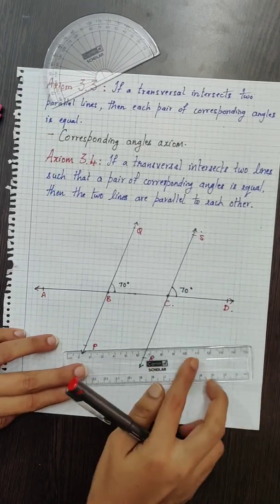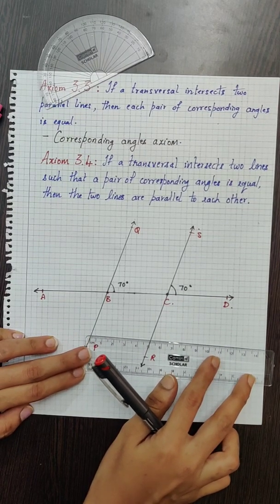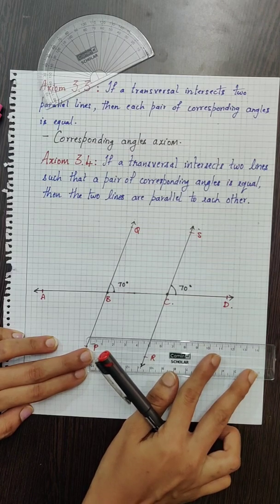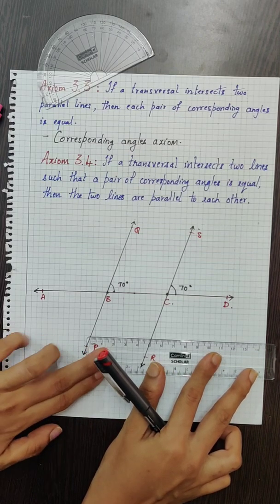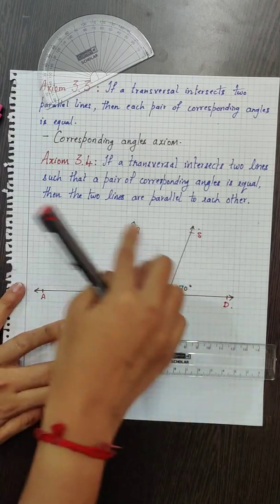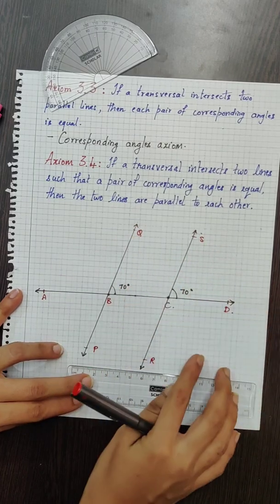Again, let me check if it is 5 centimeters here. So we see that these two lines are 5 centimeters apart when the perpendicular distance is measured between PQ and RS.